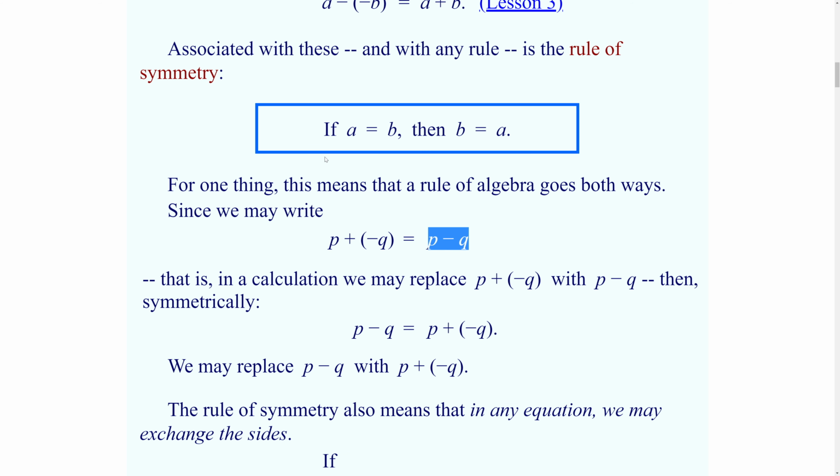Let's take a look at the rule of symmetry. This is quite an important rule. So when we have this blue box here, this is a formal rule. So what we're saying is if A is equal to B, then B is equal to A. And it makes sense. So if this equals this, then this must equal this. They must be the same thing. Quite a simple concept to get your head round.